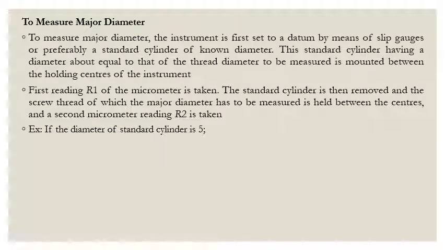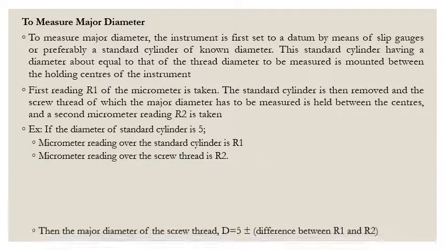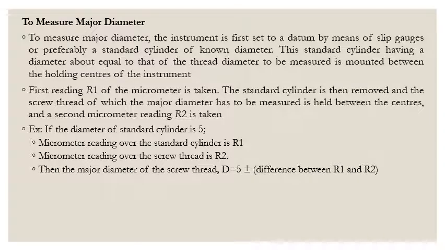Now, let me explain with an example. If the diameter of the standard cylinder is 5, and the micrometer reading over the standard cylinder is R1, and the micrometer reading over the screw thread is R2, then the major diameter of the screw thread will be D equal to 5 plus or minus the difference between R1 and R2.